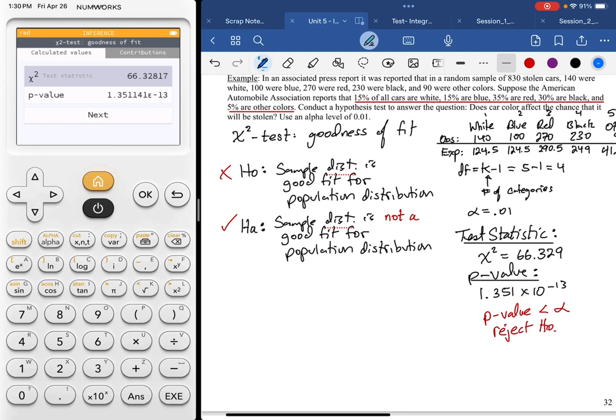So I would say, does car color affect a change?